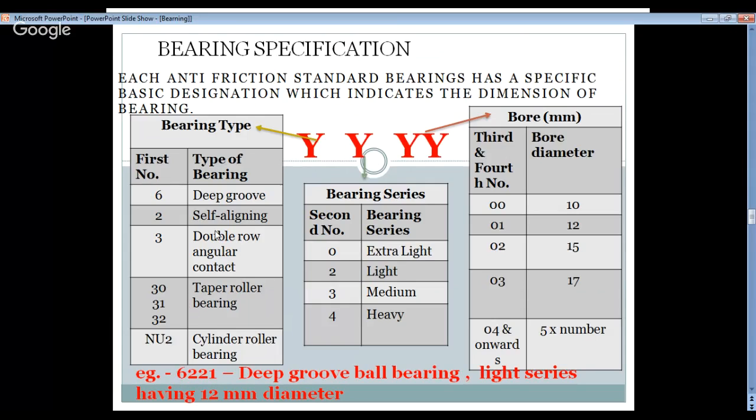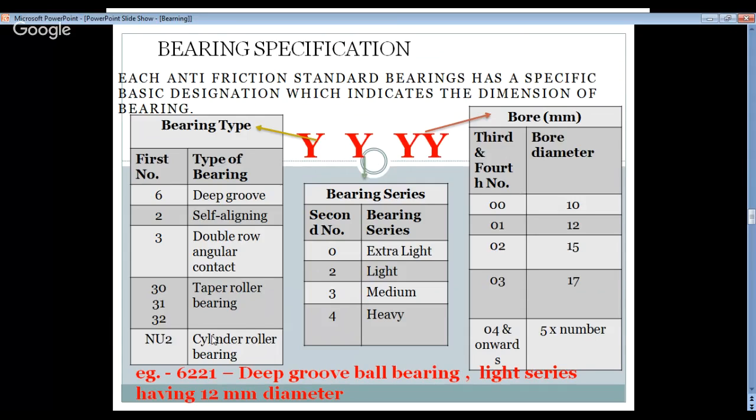The number 6 is for the deep groove ball bearing group, the same as 2, 3, 30, 31, 32 for different types of bearings. The next number is 2. 2 is for the light series, the same as 0, 3 and 4 for different types of loading conditions. And the last two digits are for the bore diameter.